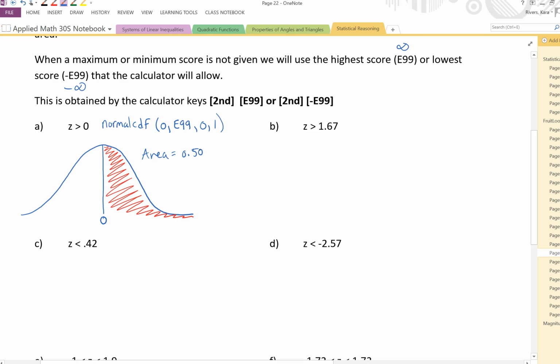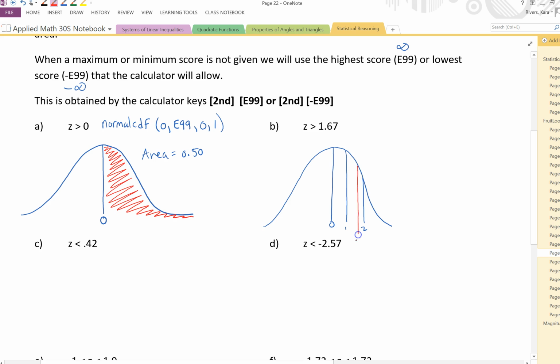All right, let's try that for B. So B says Z is greater than 1.67. Well, if I draw my normal curve again, right? Here's 0. Where's 1.67? Well, if this is 1 and this is 2, 1.67 would be more than halfway, right?